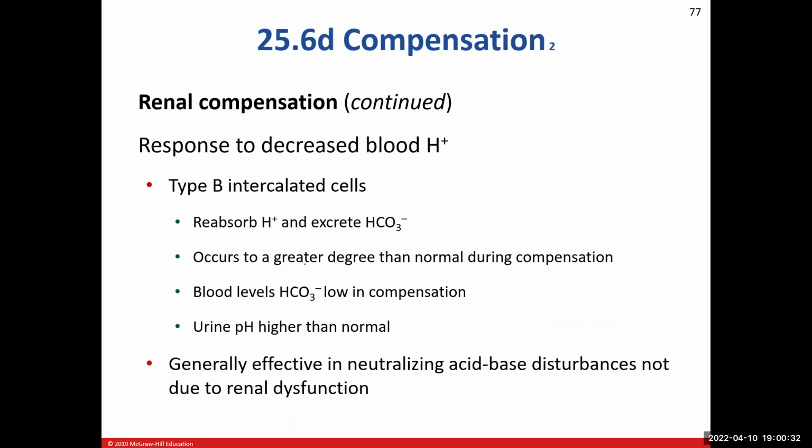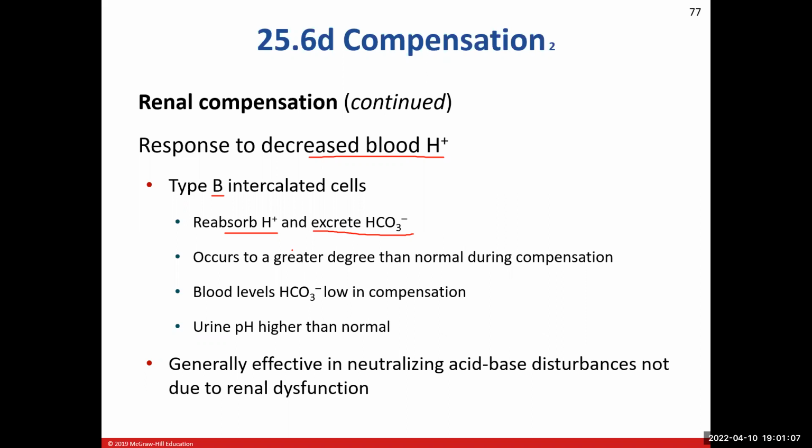So what happens when we have a decrease in our blood hydrogen ion concentration, or an increasing pH? Well, blood is now basic, because the pH is increased. So we're going to bring into play the type B intercalated cells, and the opposite situation happens here. We are going to excrete the bicarbonate into the urine, and we're going to resorb our hydrogen ions. That resorption of the hydrogen ions is going to decrease the pH in our blood.